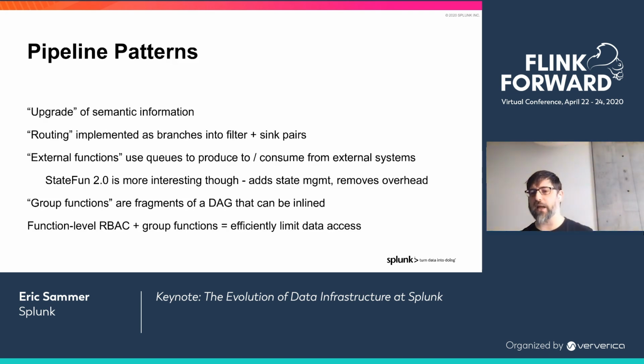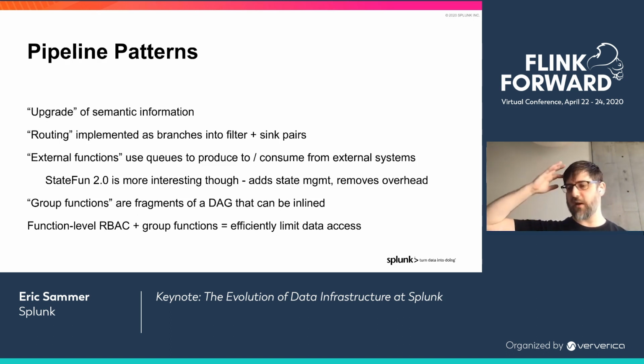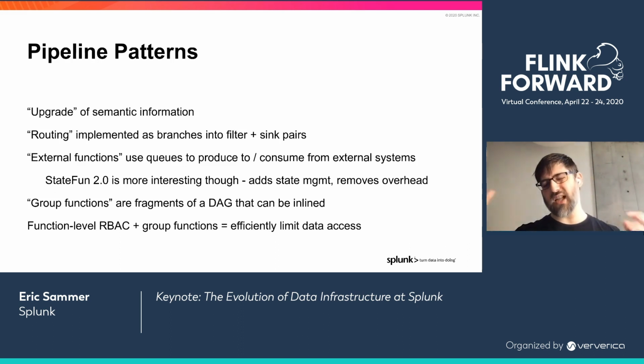And so there's a couple of patterns that have worked exceptionally well for us within DSP. And again, I think you can apply these to any sort of Flink job. They're not Splunk specific. So, the upgrade of semantic information: we have cases where things enter with a very generic source type, like it came from syslog. And really what people downstream care about are firewall events, regardless of vendor, whether Cisco or Juniper or Palo Alto Networks, or just cloud firewall events.